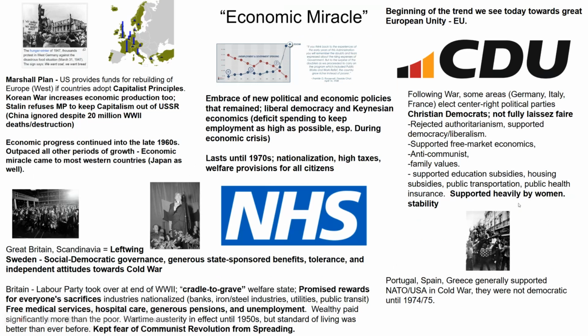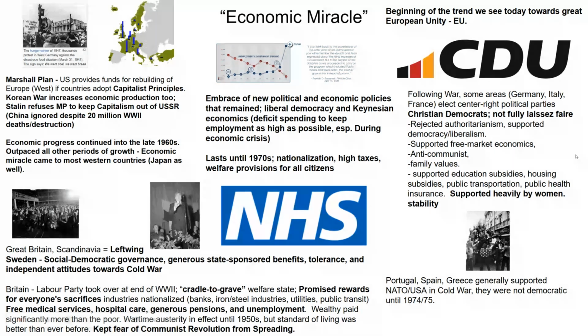So how does America go about helping to rebuild the economy of Europe at the end of World War II? The big tool that the Americans used was the Marshall Plan.